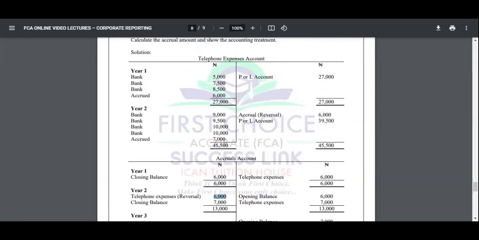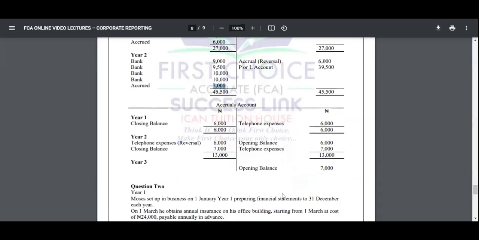Remember, this was 6,000 naira, because we are bringing in a full amount here. Then we have telephone to be 7,000 naira accruals again. And we have 7,000 there. Opening balance as at 2013, year 3, is 7,000 there.